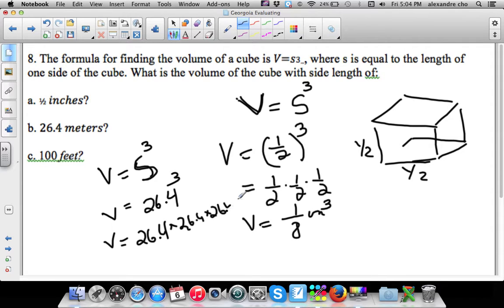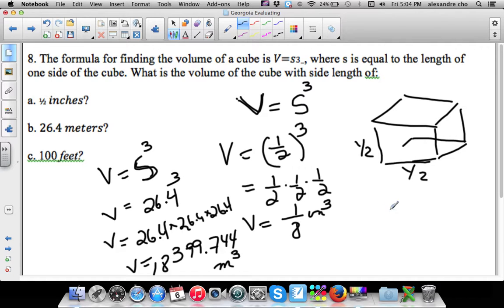So you're multiplying the base by itself 3 times. Let's figure out what that is. 26.4 times 26.4 times 26.4 equals a ridiculous number of 18,399.744. So the volume is 18,399.744 meters to the third power.